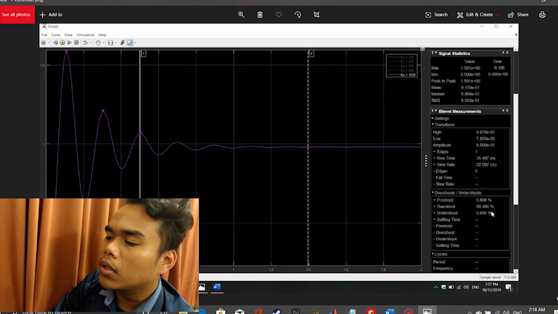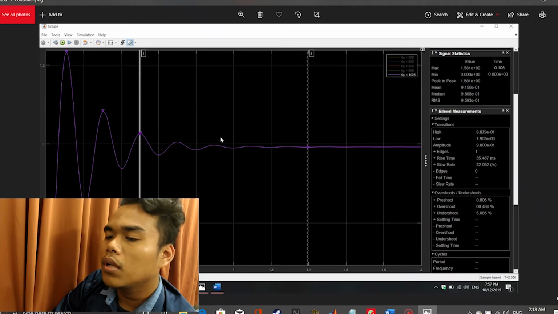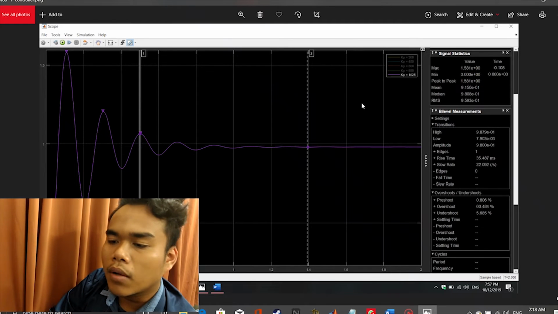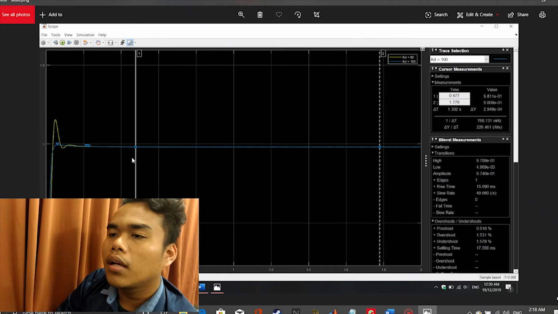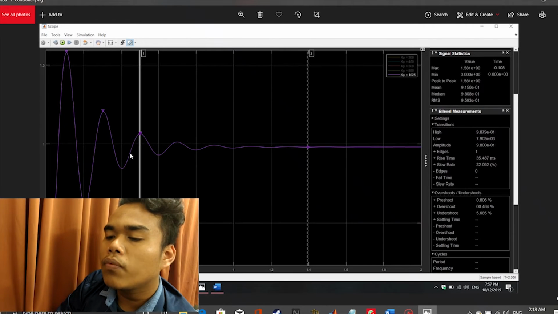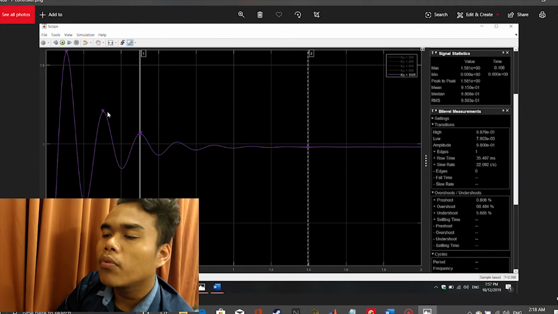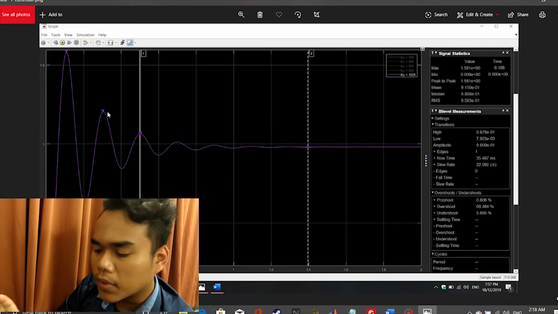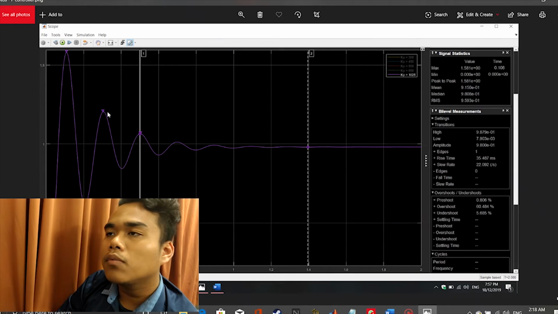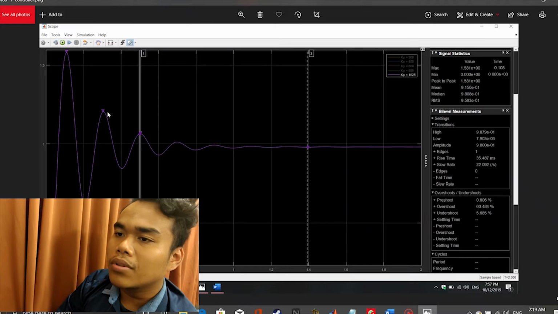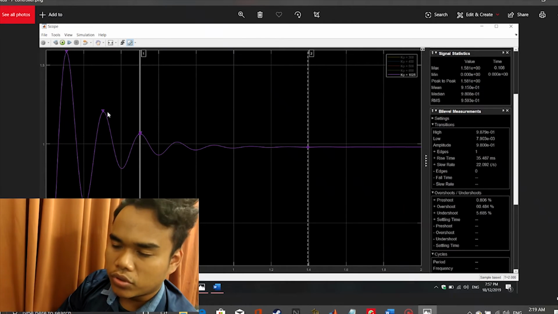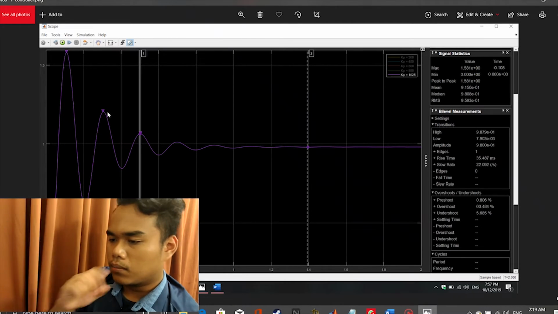But when I put the KD value of 100 from the blue graph, the overshoot decreases to 1.5%, and the settling time also decreases from 0.035 second to 0.015 second.